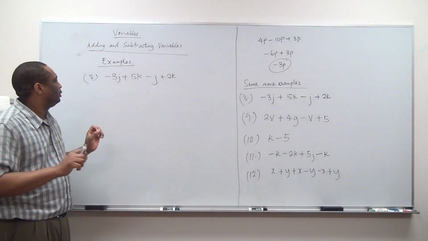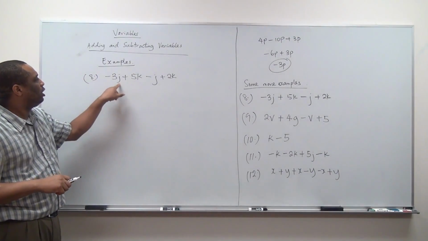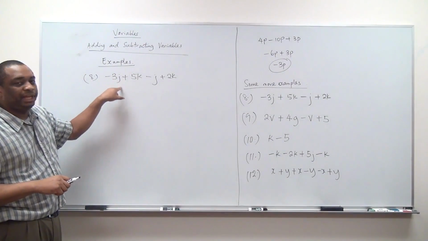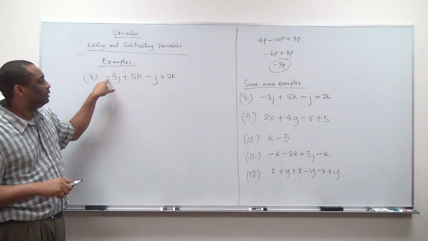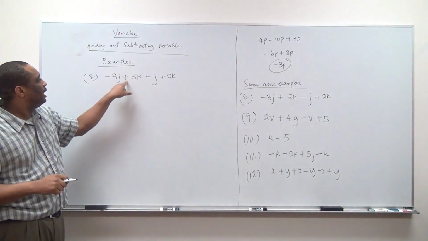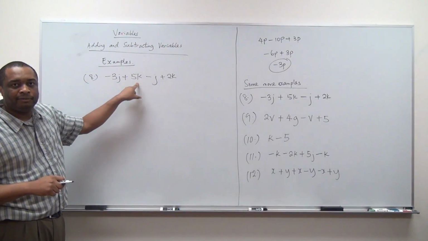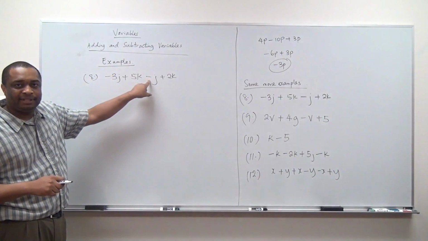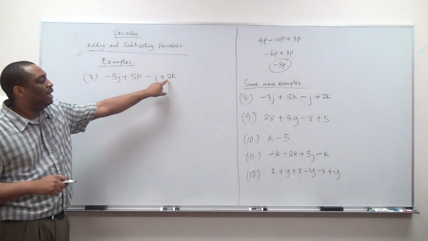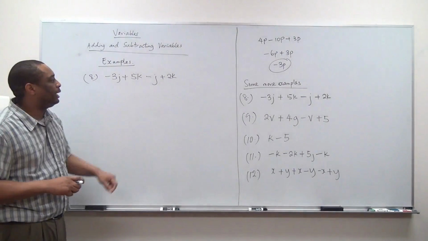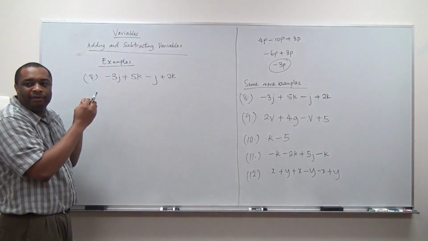What is the sign of 3j? A negative sign is in front of 3j. A positive sign is in front of 5k. A negative sign is in front of j. A positive sign is in front of 2k. So let's get the like variables together.